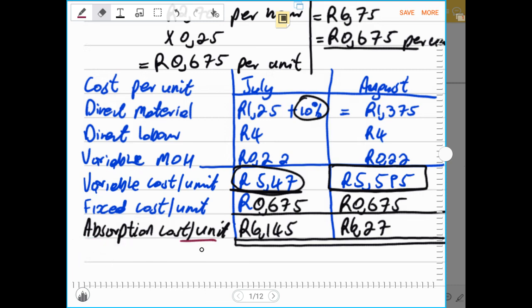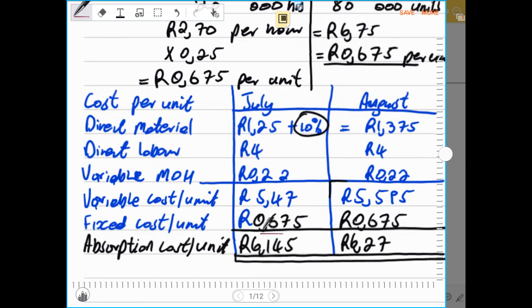Therefore, now we treat fixed cost as period cost. Another one takes into account the fixed cost in the calculation of the product cost. So now we take our absorption cost per unit, which is inclusive of the fixed cost. Because a variable one, it only takes the variable cost, because it's called variable income statement. But absorption, which is normally called full costing, it takes all the cost, fixed and variable.